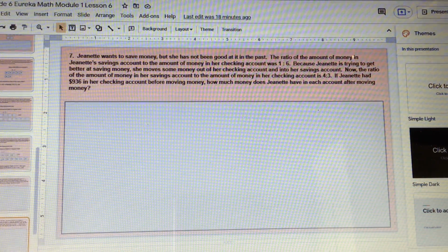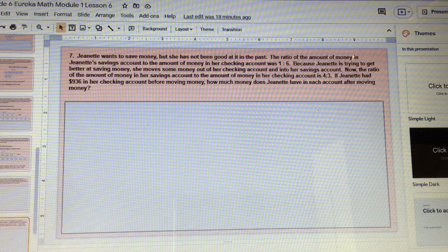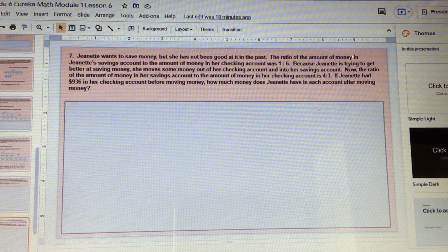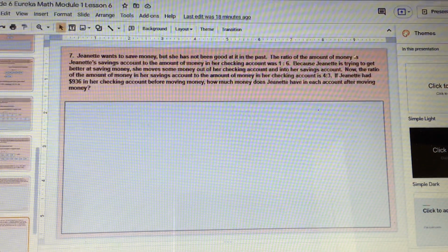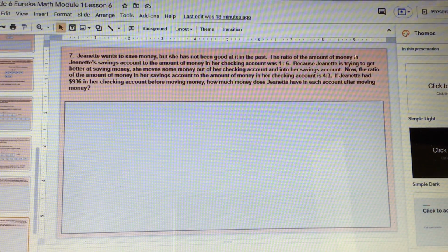And number 7, Jeanette wants to save money, but she has not been good at it in the past. So the ratio of the amount of money in Jeanette's savings account to the amount of money in her checking account was 1 to 6. Because Jeanette is trying to get better at saving money, she moves money out of her checking account into her savings account.